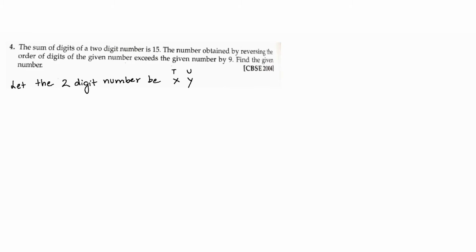Please understand that in this number xy, the digits are x and y, whereas the actual value of this number is 10x plus y, because x is in the tens place and y is in the units place. So it's given that the sum of the digits is 15. That means I can say x plus y is equal to 15. This is my first condition.